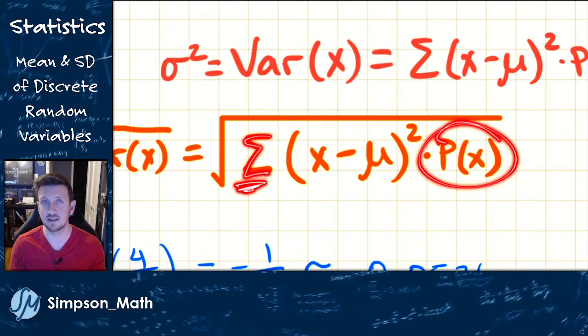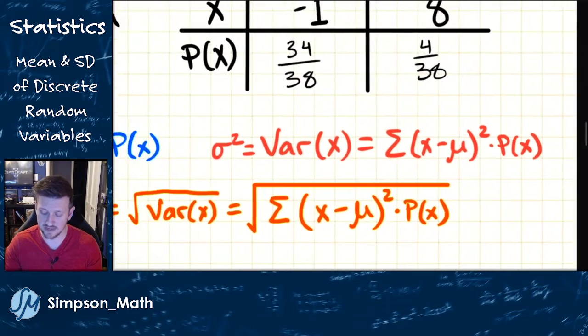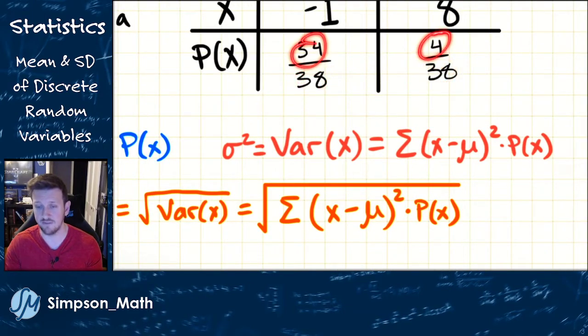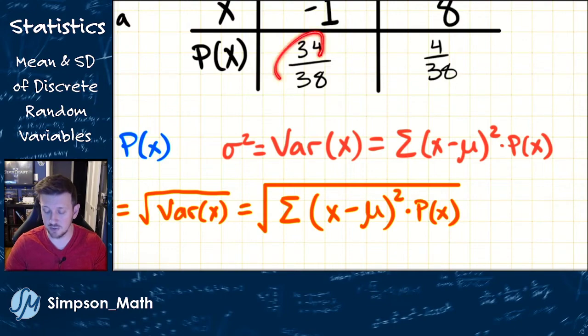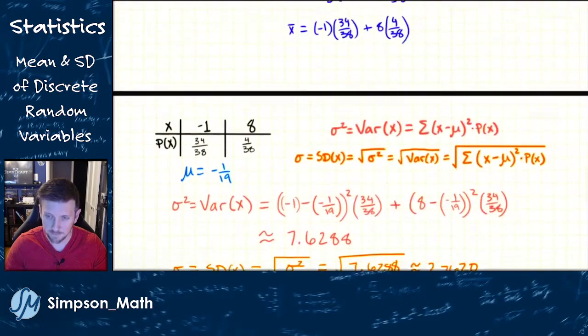Between those two things, that's our division, because the p of x's have our denominators, and also the numerators tell me how many times we have each of them. So this takes care of how many times we have each one, and then I'm adding them up and then dividing by my number of things. So this really is the same standard deviation formula you learned previously, just rearranged and adjusted when you know the associated probabilities. So let's see how we would do it by hand.